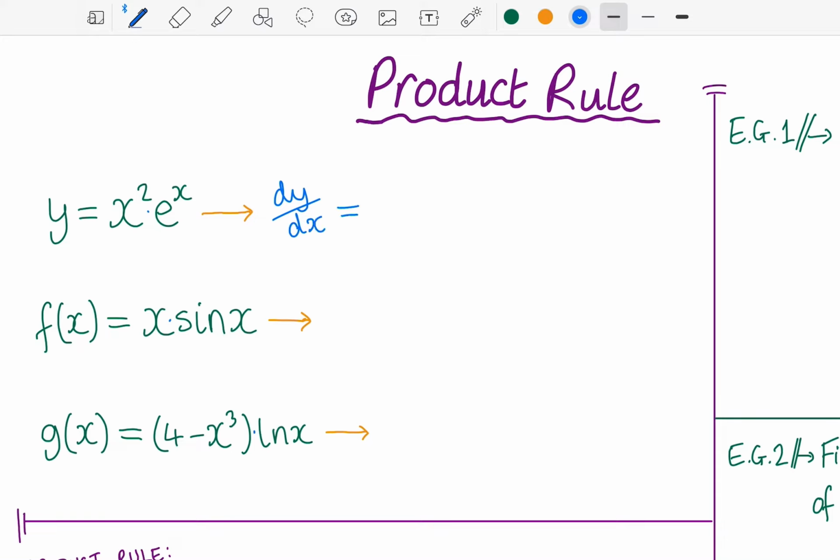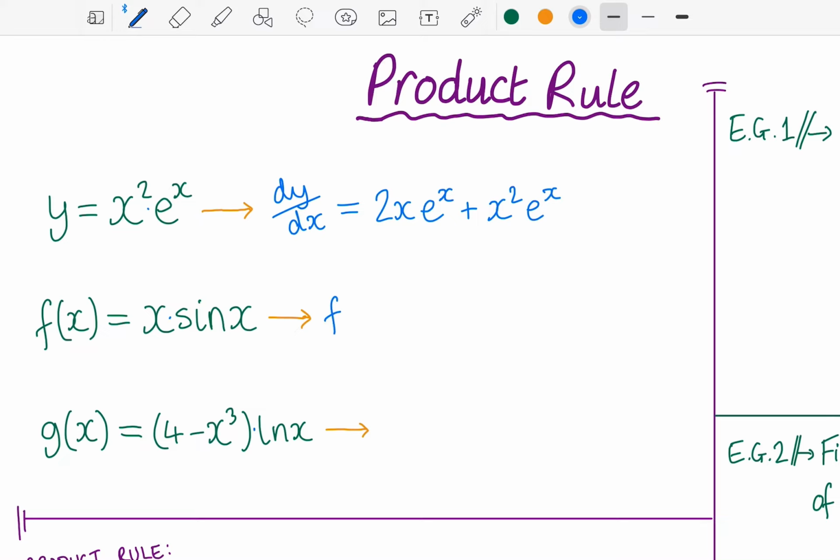So the derivative of x squared times e to the power of x is 2x times e to the power of x plus x squared times e to the power of x, which I could factor into something a bit more manageable, but that's fine for now.